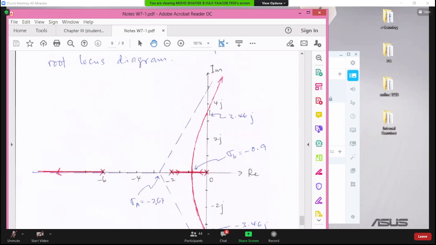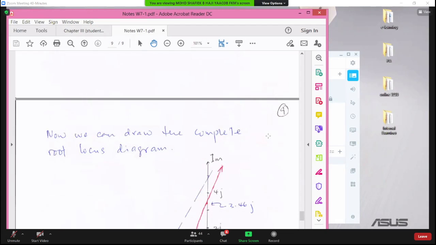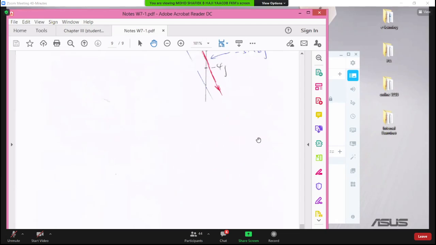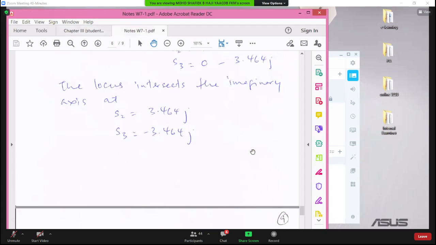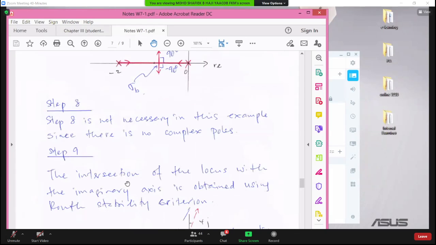It's going to cross the imaginary axis at 3.46. And finally, it's going to approach the asymptote line. It's going to approach this blue line at infinity. So now we have this complete root locus diagram. There you go. All 9 steps except step 8. In this example, step 8 is not necessary because we don't have any complex pole.